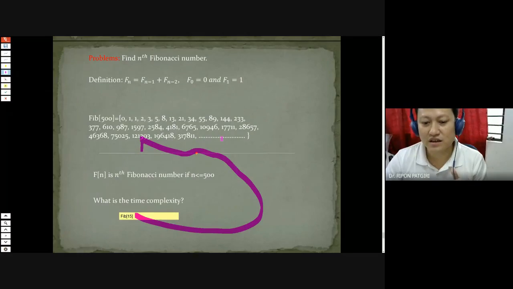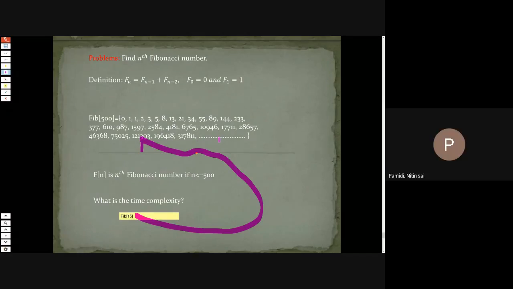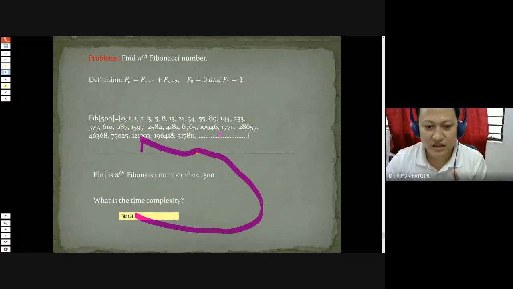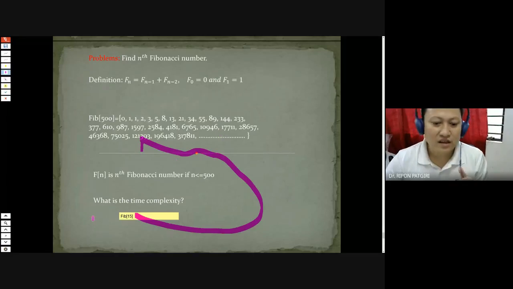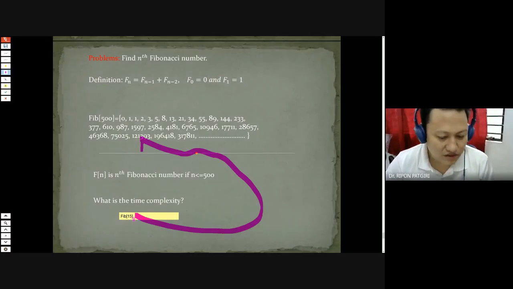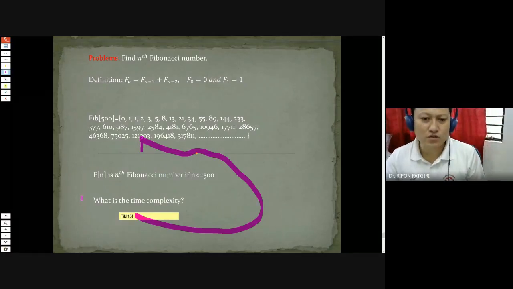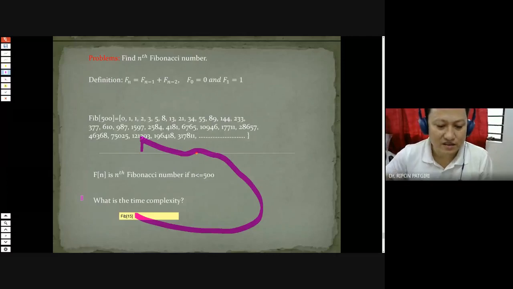The 500 Fibonacci solutions will be copied and pasted here. Then when you are executing, in the execution time, dynamically you can easily decide that fib of I.